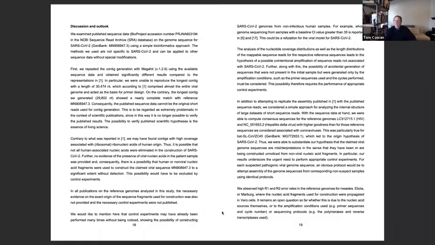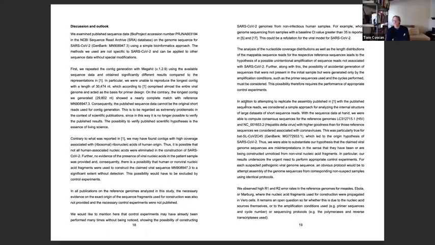And then I'll finish with this paragraph here. In addition to attempting to replicate the assembly published in one with the published sequence reads, in other words, we tried to reconstruct it with the data they gave and we couldn't do it. We considered a simple approach for analyzing the internal structure of large data sets of short sequence reads.